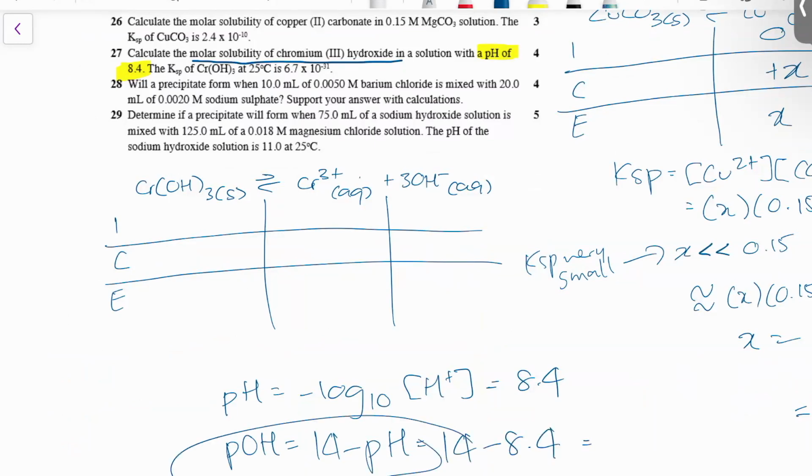If I'm using pOH is 14 minus pH, what temperature am I operating at? 25 degrees Celsius. Good. I'm allowed to do that because the Ksp they gave me is also at 25 degrees Celsius. What is pOH equal to?